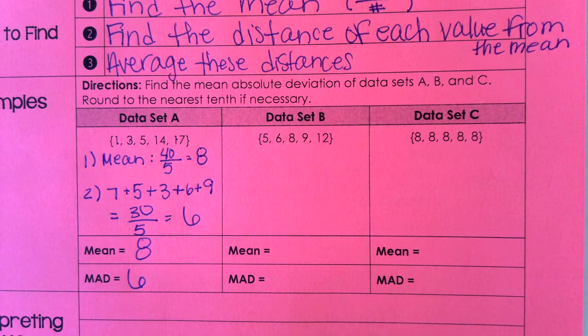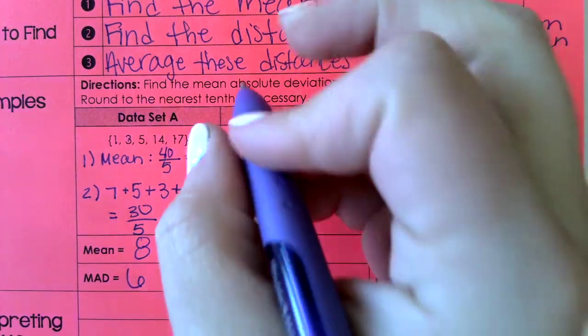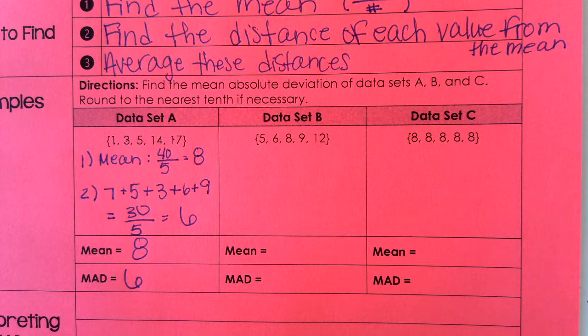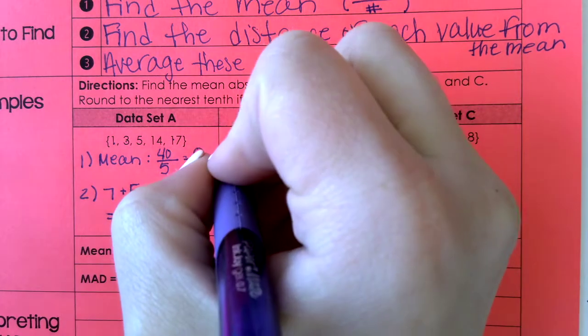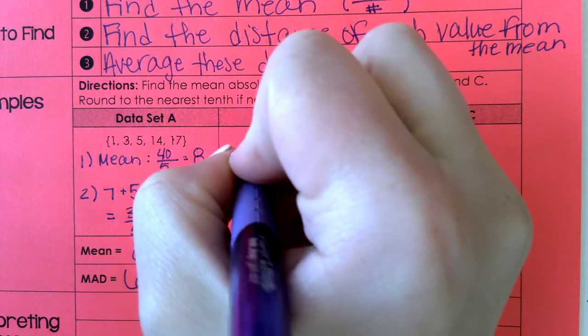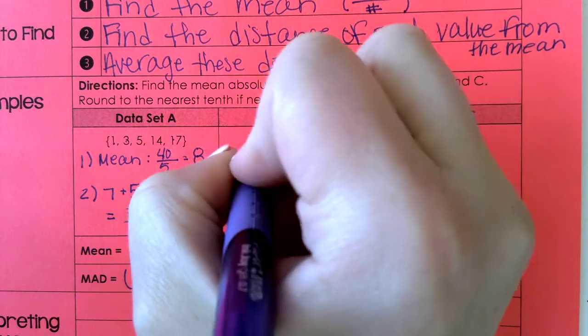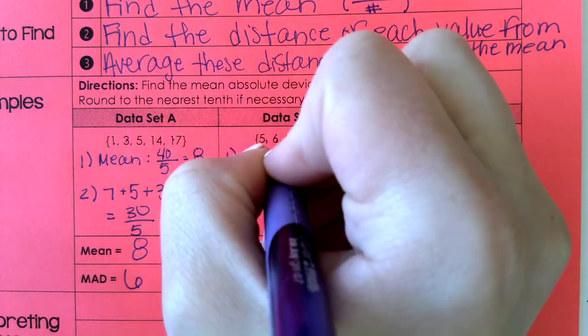If we look at set B now, I'm going to take 5 plus 6 plus 8 plus 9 plus 12. I'm going to get 40. Divide 40 by 5 and I'm going to get 8.